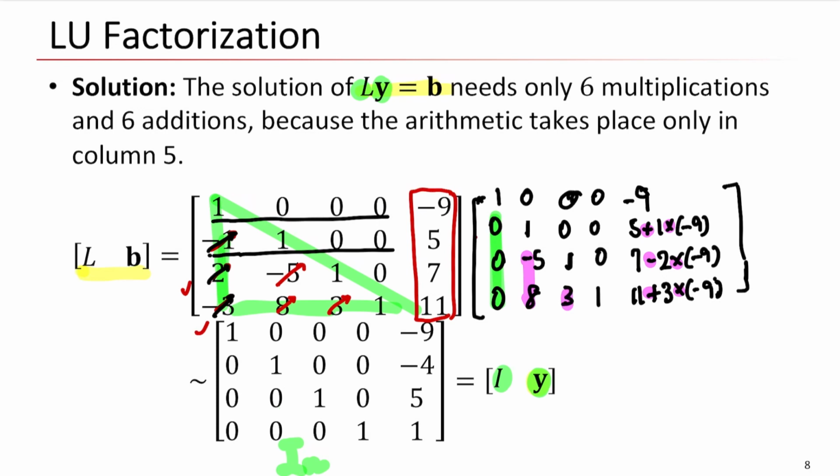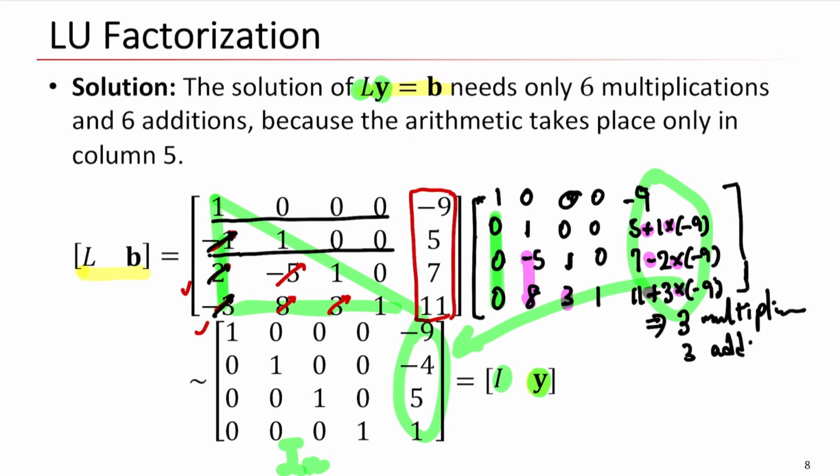So by using this row reduction algorithm, we can derive this one to finally this one. Okay, but in every procedure, in this case, a 3 multiplication, 3 addition, right? What about this?